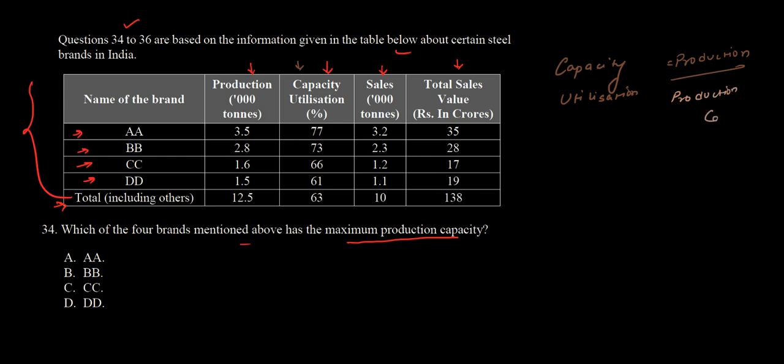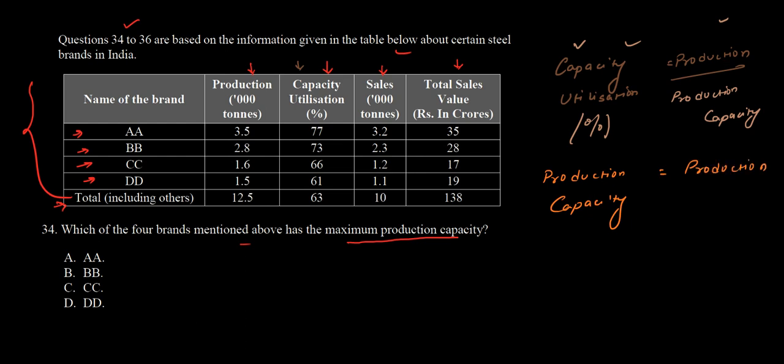In this case we have the capacity utilization and the production, so we can easily find the production capacity for each of them, which will be equal to production, which is in 1000 tons, divided by the capacity utilization, which is in percentage.